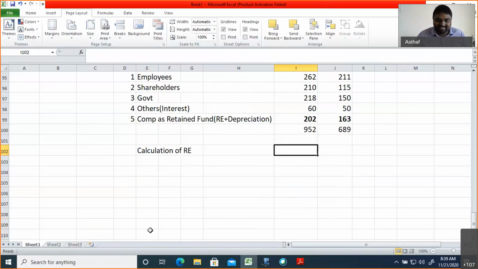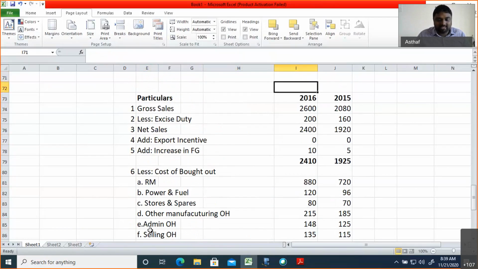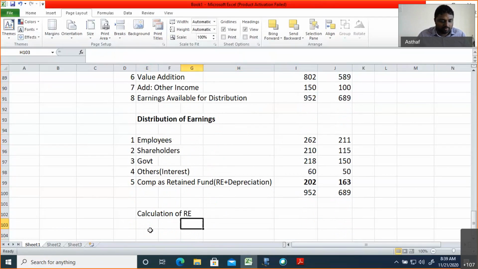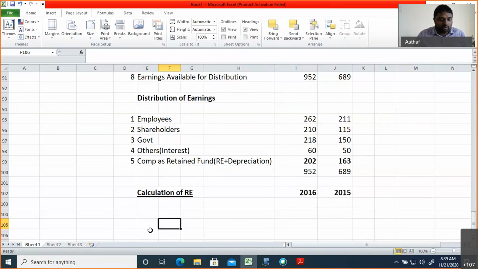Calculation of retained earnings. See how to do the calculation of retained earnings. We have 2 years, 2016 and 2015. I told you for your exam you can do the shortcut method because it is objective model. But still, I will tell how it will be.